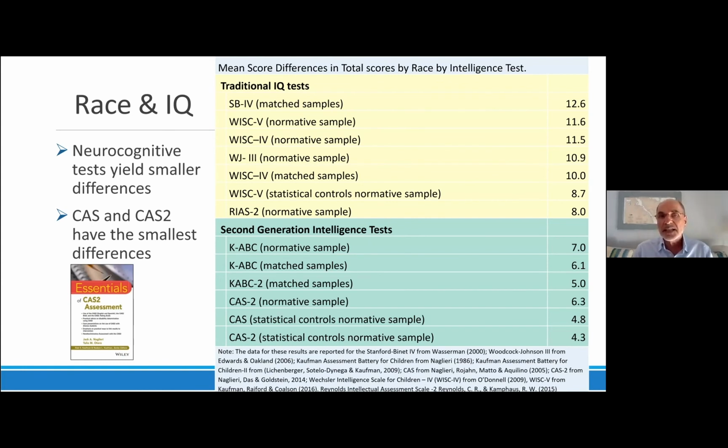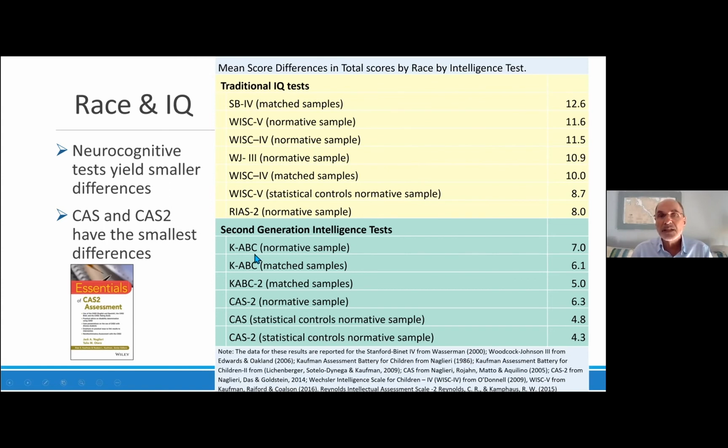The only studies that I did were the CAS and the KBC. All the others were done by other people, and they have different methodologies. Sometimes they're matched samples. Sometimes they're just the normative sample, which represents the US population. Sometimes they're statistical controls.